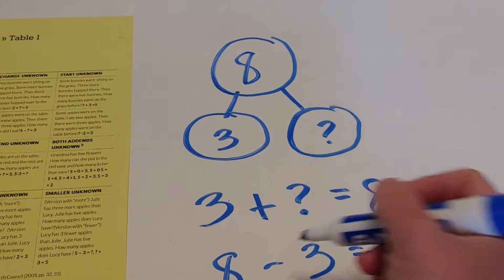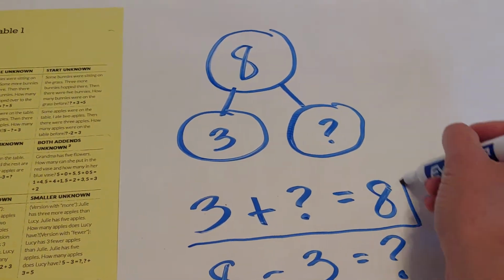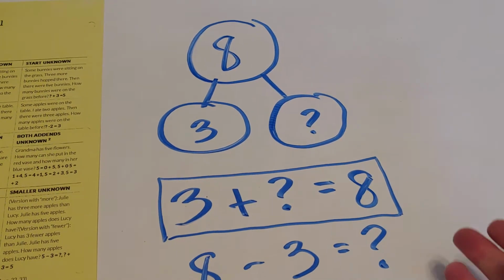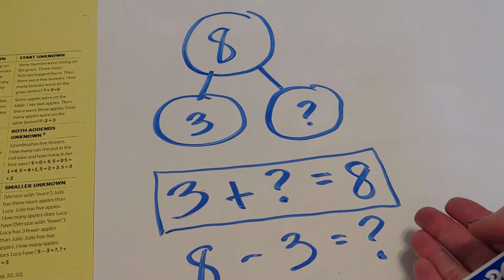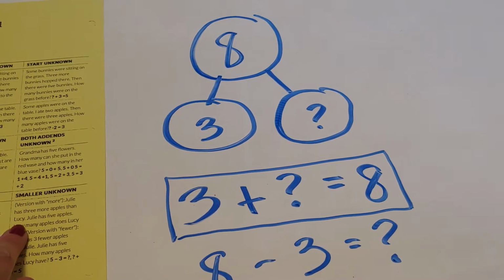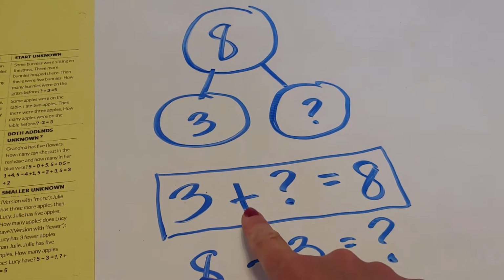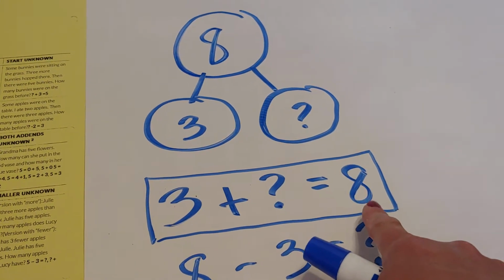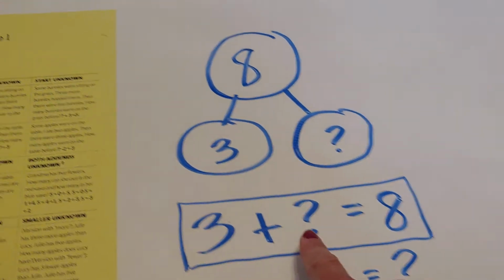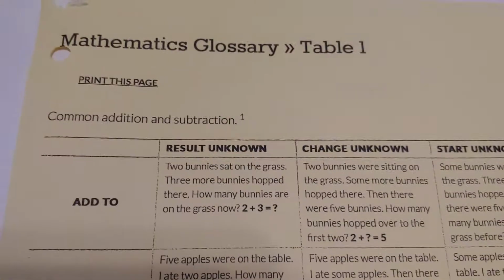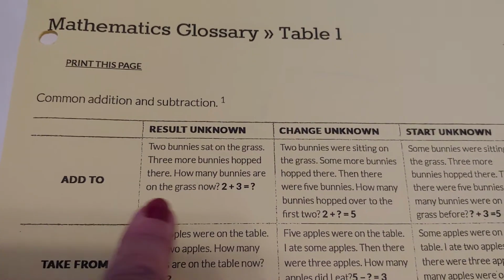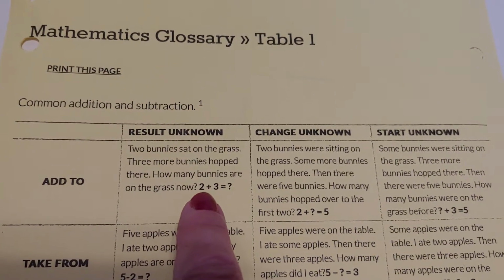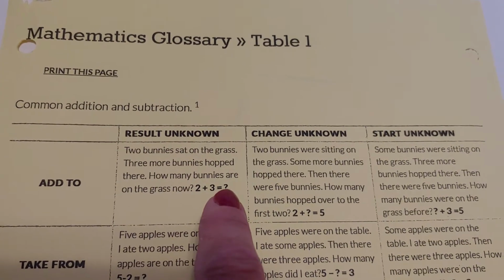Well, let's say this is what you wrote on your paper: 3 plus question mark equals 8. And I ask you, based on this, to identify what type of word problem we have. Notice that we have adding, and notice that we have the answer. We have a beginning, but we're missing a middle. So if I come up here, I'll see add to. So I have my adding line. Which one matches ours? This is saying I've got my 2 numbers, I need the result. Nope, that's not us.